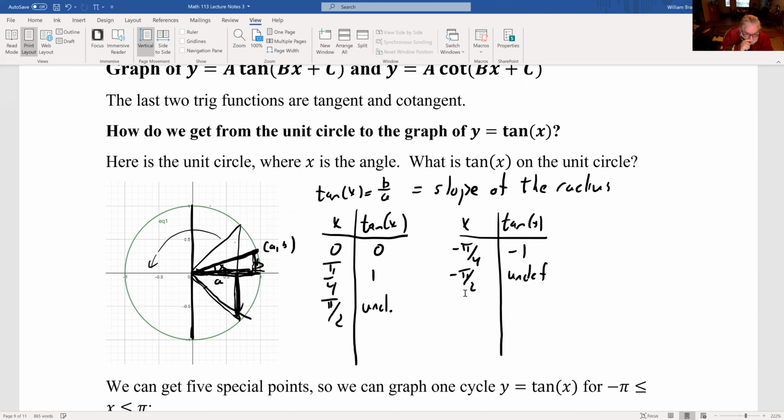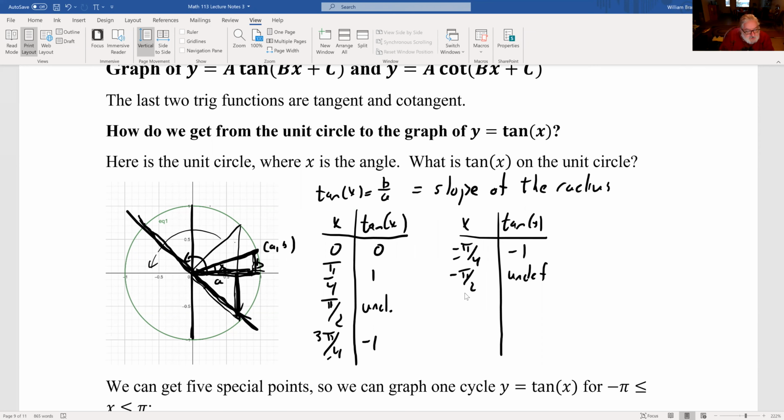Now we can also do what happens if we keep going. So if we look at 3 pi over 4, that's this angle. But that's actually the same line as we got for minus pi over 4, so that's going to be minus 1 as well.